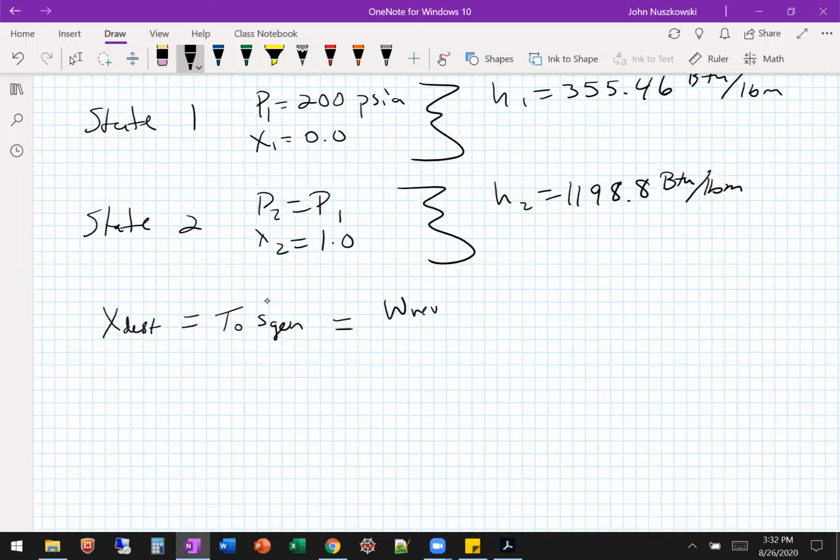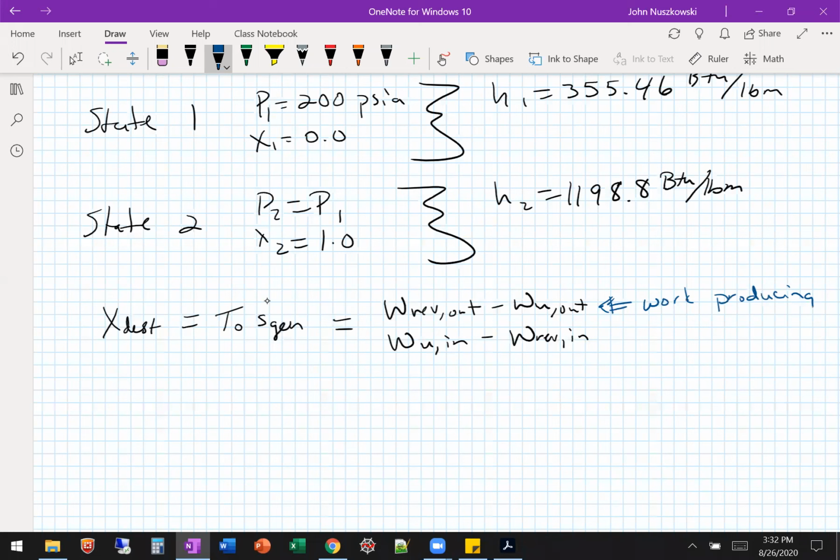work reversible out minus work useful, or work useful in minus work reversible in. This is work producing. This is work consuming.